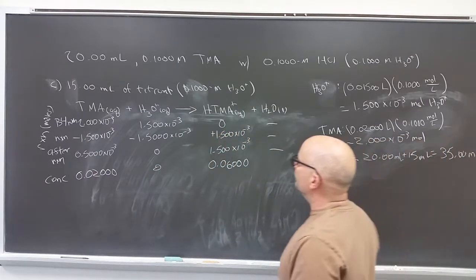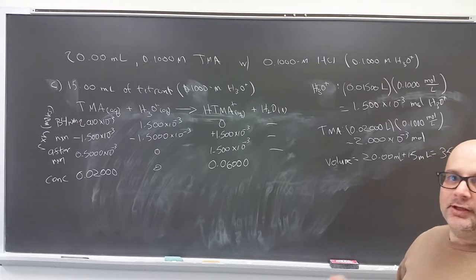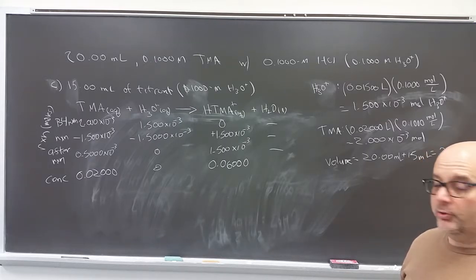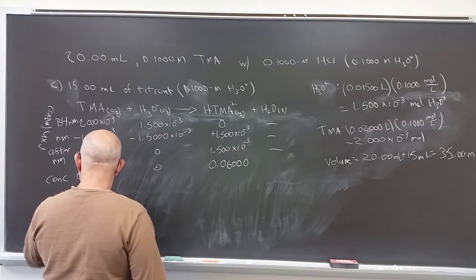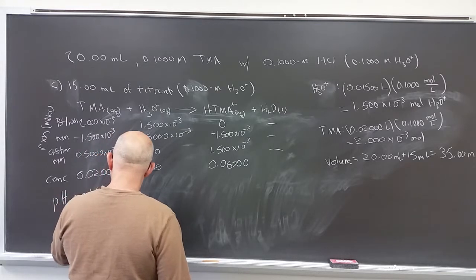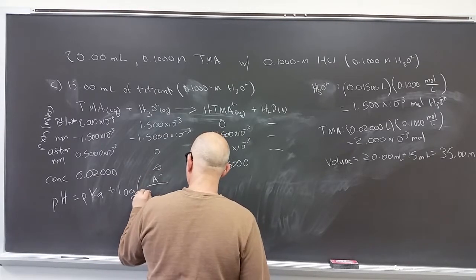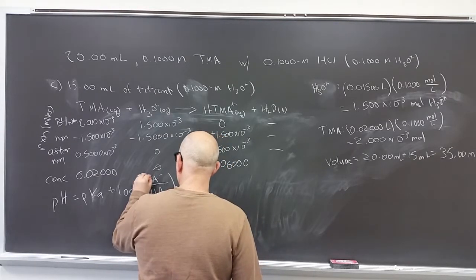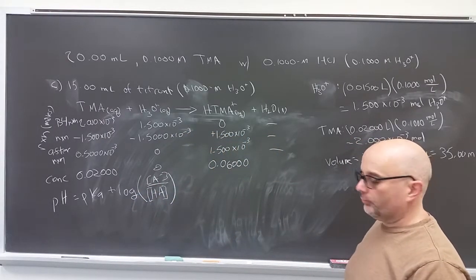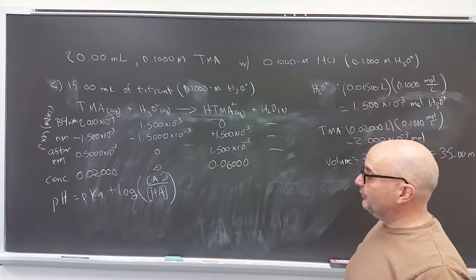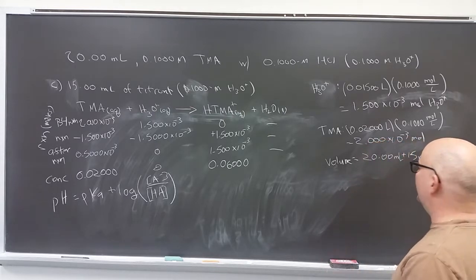So since we have significant concentrations of both this weak base and its conjugate acid, we can really quickly calculate the pH just using the Henderson-Hasselbalch equation, because this is in the buffer region. The Henderson-Hasselbalch equation just relates the pH at a particular point to the pKa of the acid plus the log of the ratio of the concentration of the conjugate base and its acid.